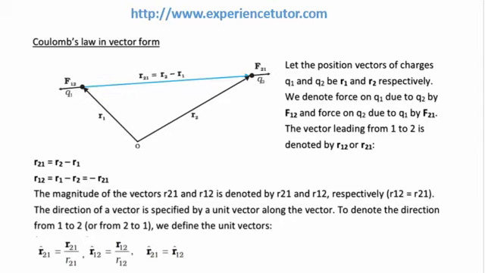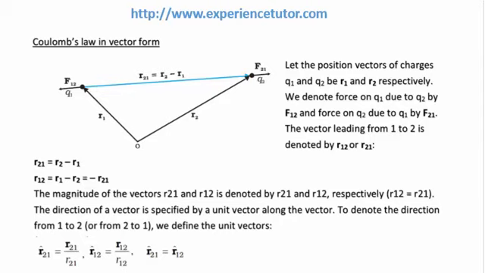The magnitudes of vectors r21 and r12 are denoted by r21 and r12 respectively. r12 is equal to r21. The direction of a vector is specified by a unit vector along the vector.